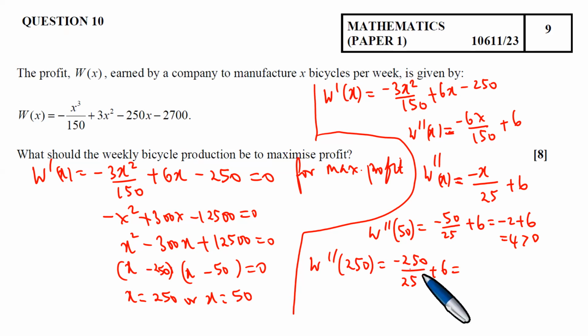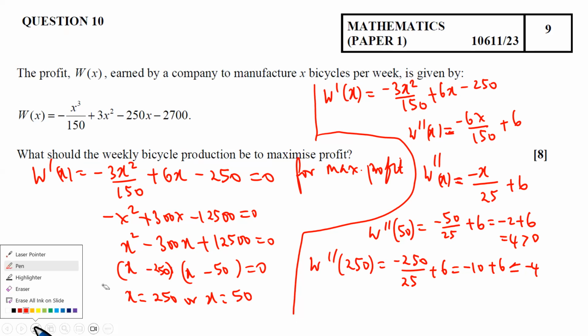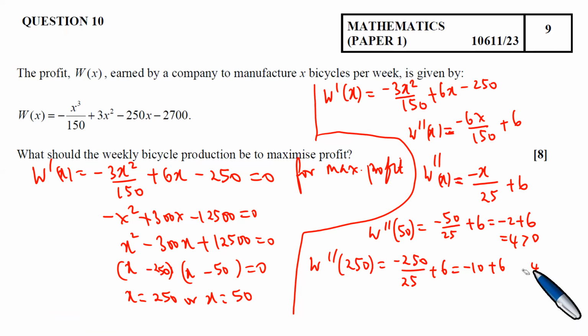So 250, if you divide this one, gives minus 10 plus 6. And what is this? It's minus 4. Okay, minus 4 is negative. It's less than 0.